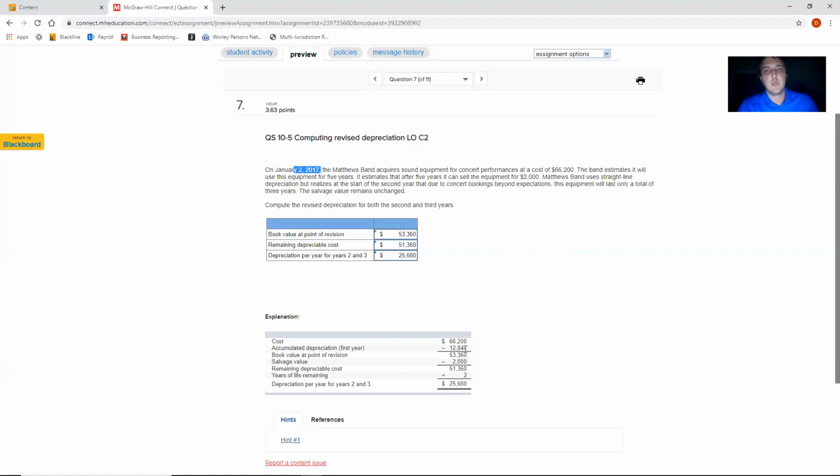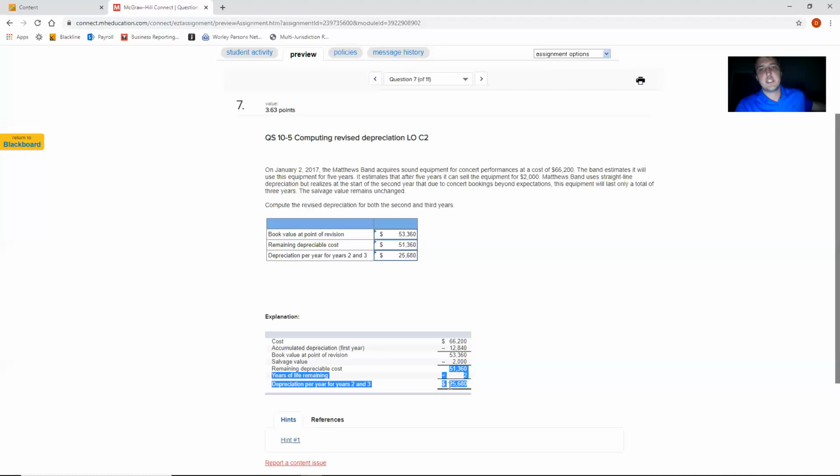Okay, so we had 1 year of depreciation, we had the salvage value, and that gets us the remaining depreciable costs. Okay, and then we're going to use this and start over, saying that at this point, we're only going to be able to use it for 2 more years.